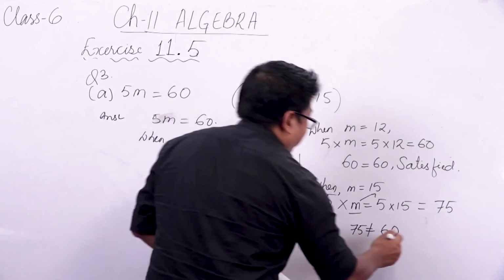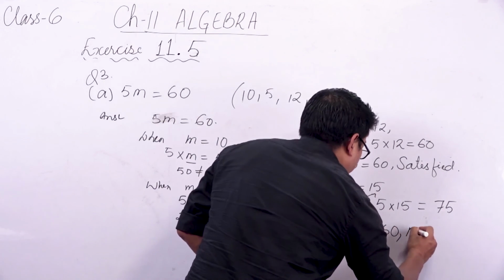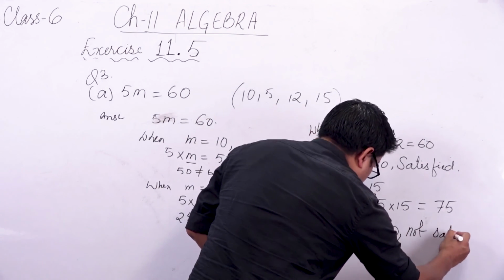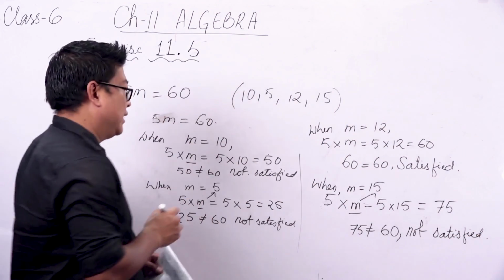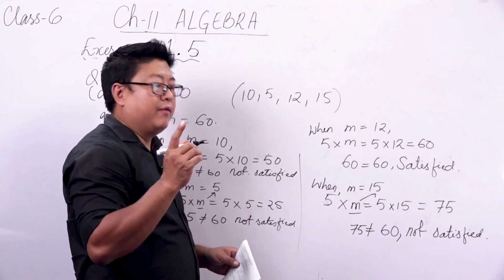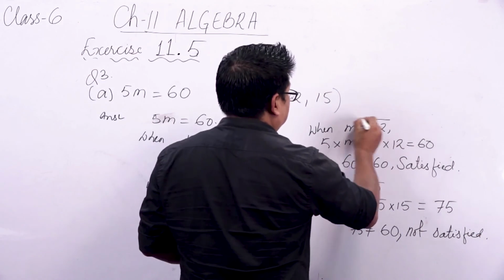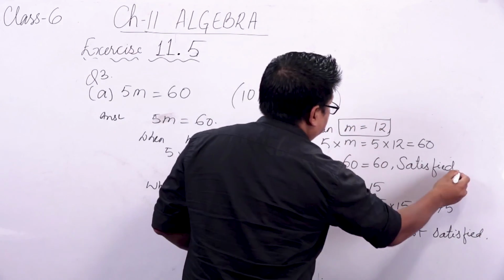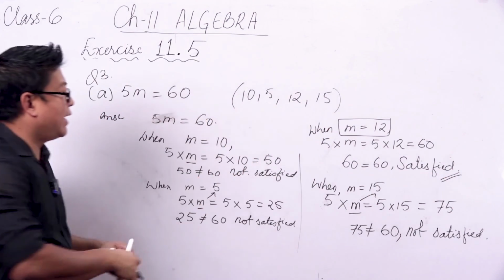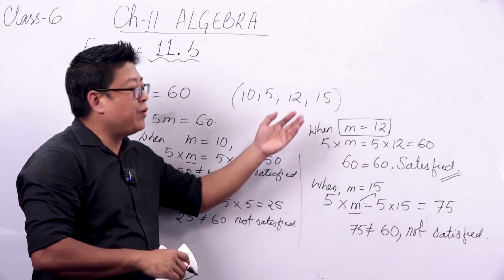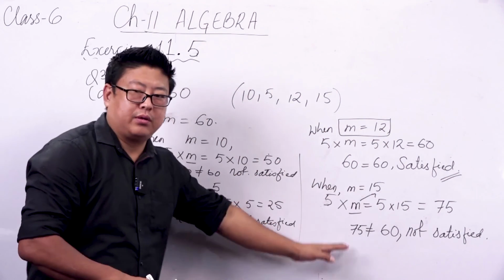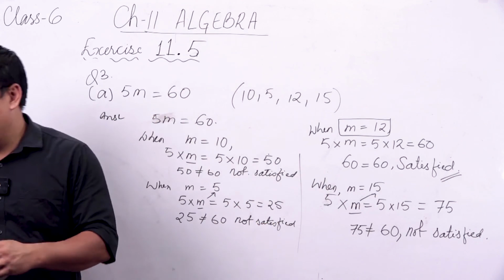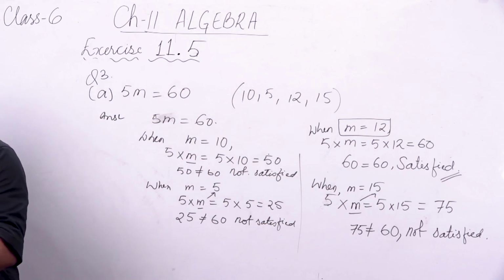All right. That means they are not equal, so not satisfied, because it is not equal to 60. The only value which is equal is this. Okay. So this is your entire answer. You have to find out which is equal to 60 and which are not. All right. So this is how you will solve the questions given in the textbook.